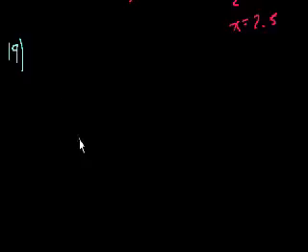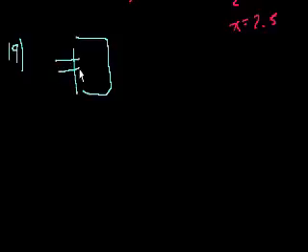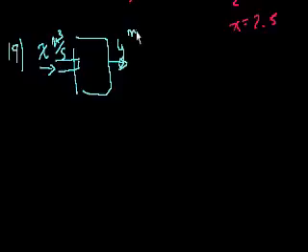Okay, so essentially we have a tank. There's a pipe here. So water is going in at x, we could say, meters cubed per second, and it's getting pumped out at y meters cubed per second.